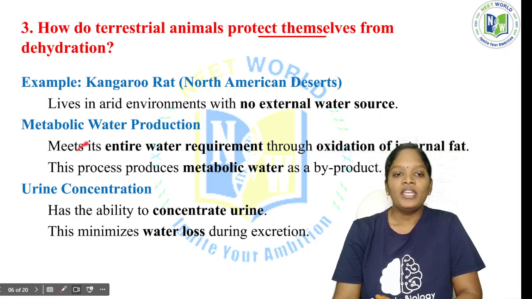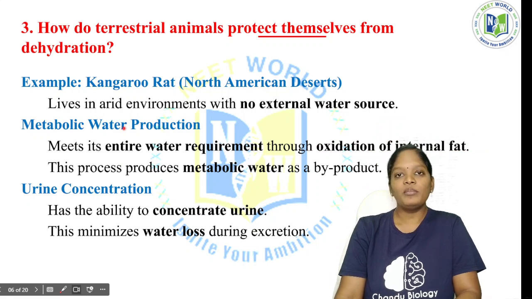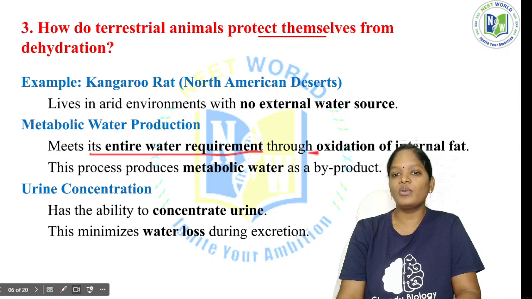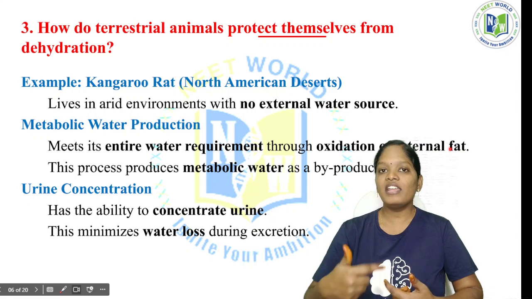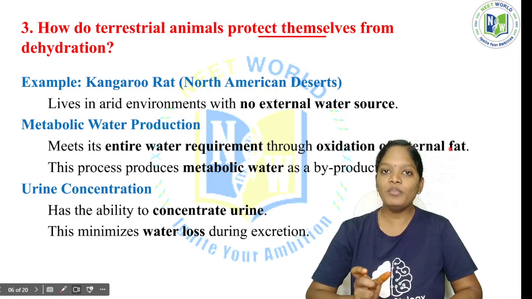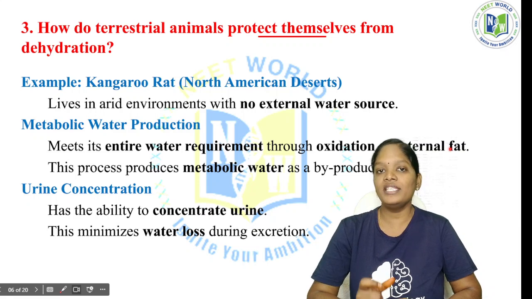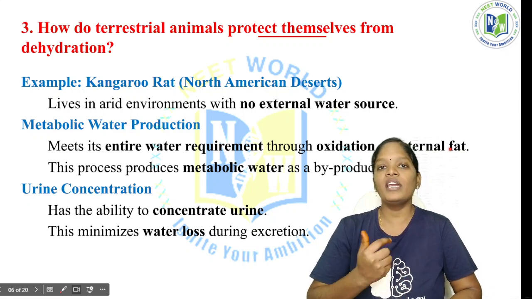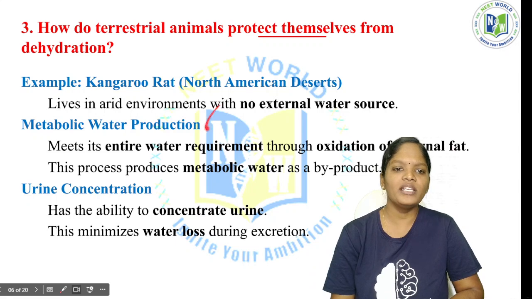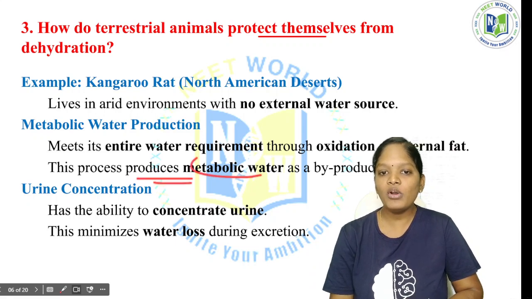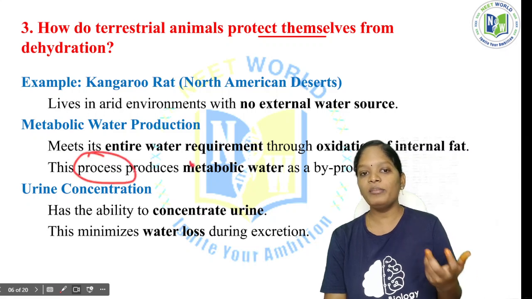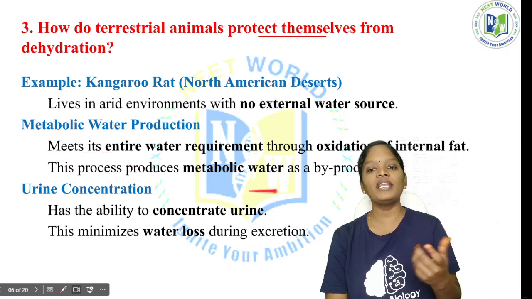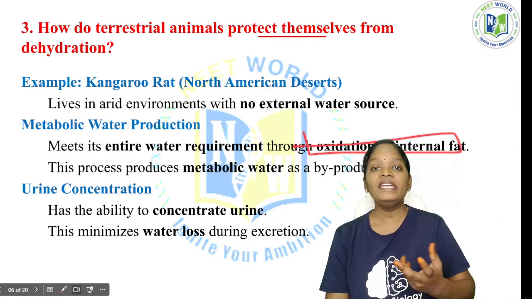By oxidizing their fat, they release water as a byproduct and make use of this water. So what process produces the metabolic water as a byproduct? That is nothing but the oxidation of internal fat.